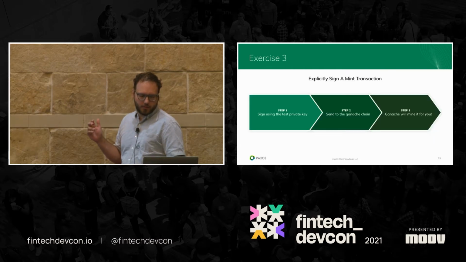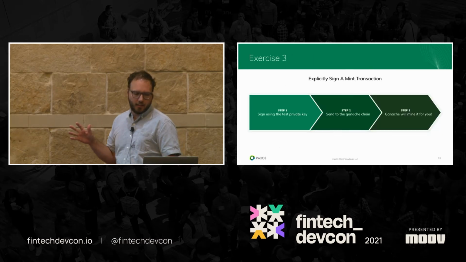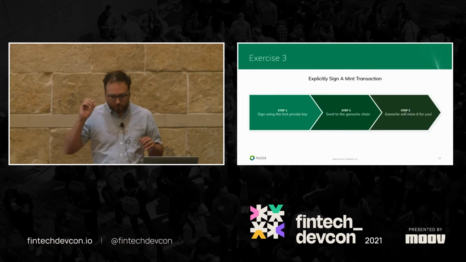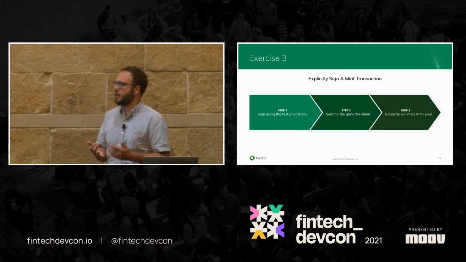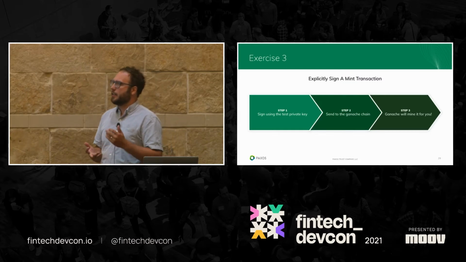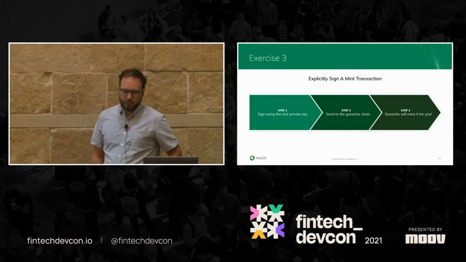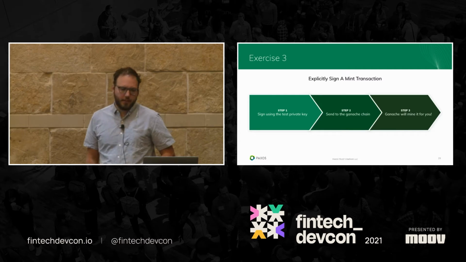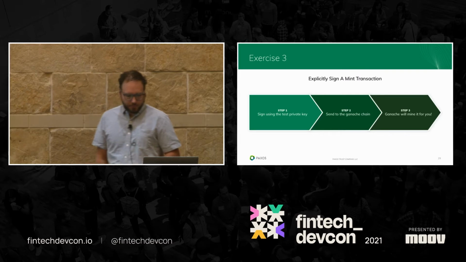Jumping ahead, we talked about signing, we talked about broadcasting. Exercise 3, again, is about splitting that mint function into creation of the transaction, signing it, and broadcasting it. If you jump to the exercise 3 branch, it will have a lot of the setup ready to go for you.